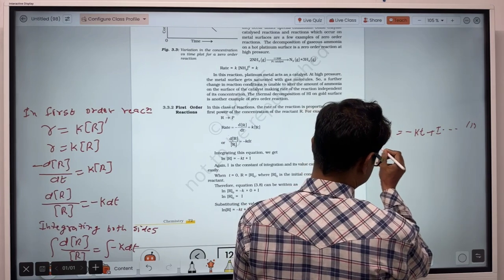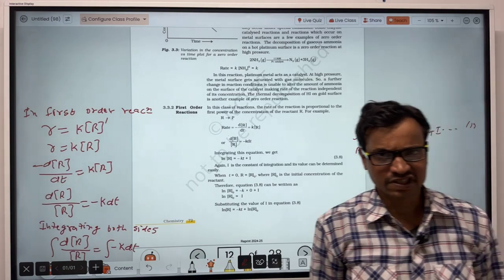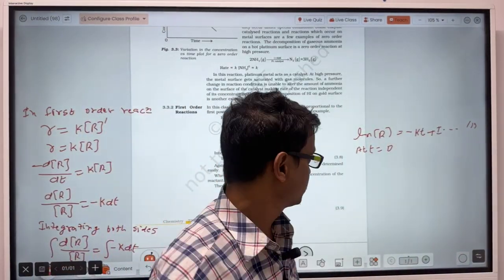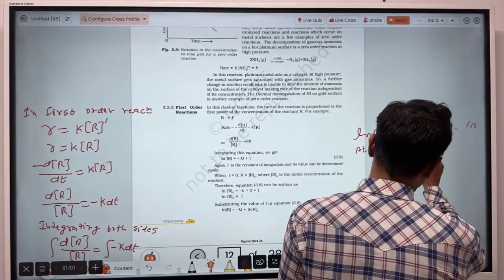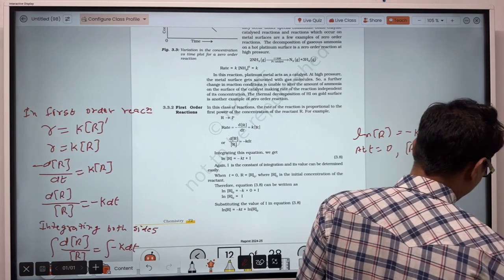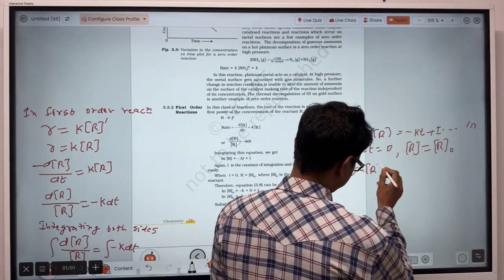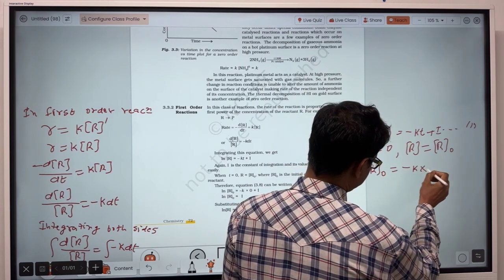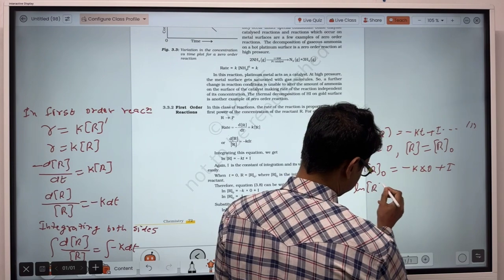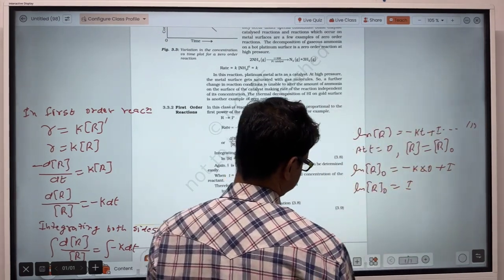At t equal to 0, that means when the reaction has just started, the concentration of reactant will be equal to the initial concentration of reactant, that means R naught. So ln R naught will be equal to minus k into 0 plus I. So ln R naught will be equal to I. Put the value of I in equation 1.